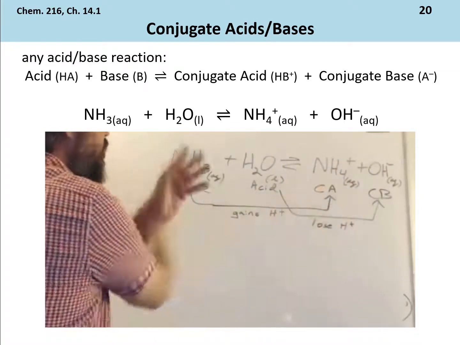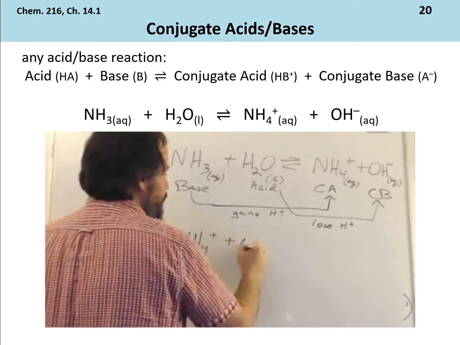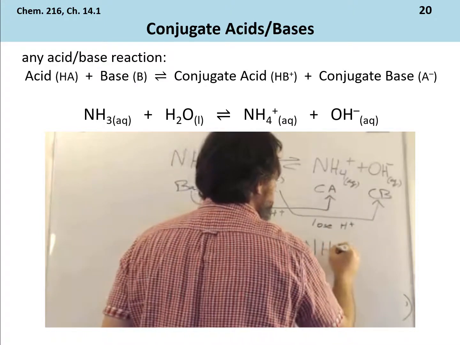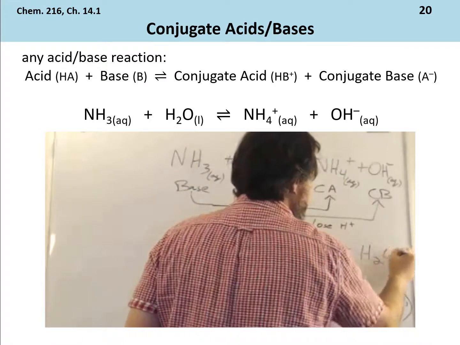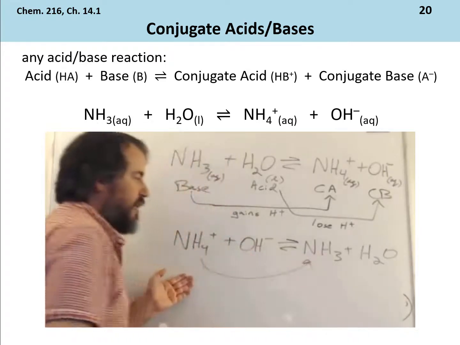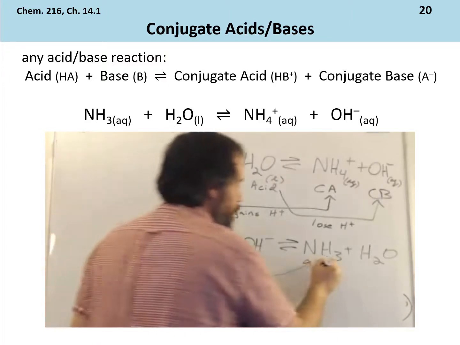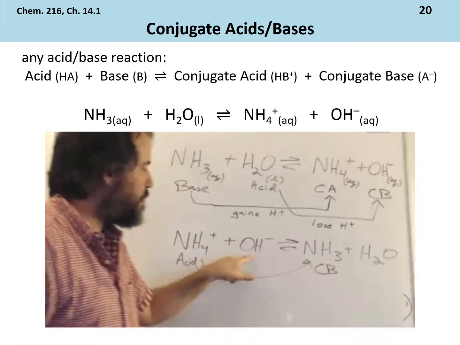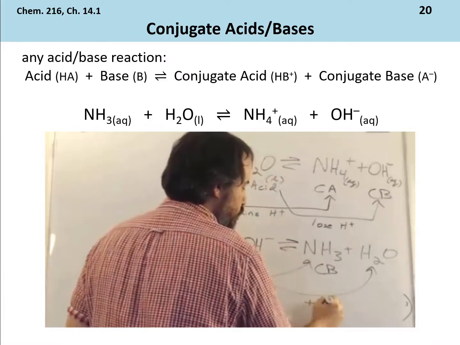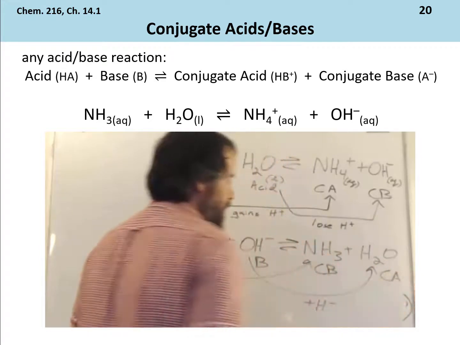Now let's reverse this. Let's say I had NH4+ OH- going to form NH3 plus H2O. In this case, my NH4+ loses an H+, so it must be an acid, and it forms a conjugate base. My OH- gains an H+, so it must be a base, and this must be a conjugate acid.